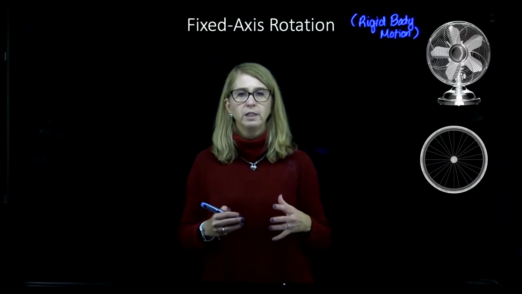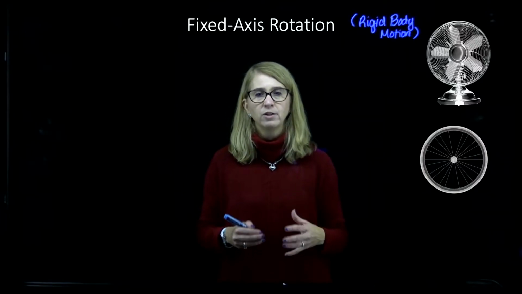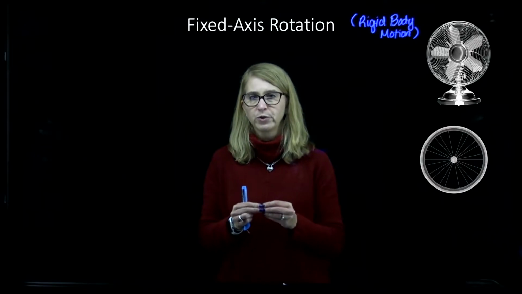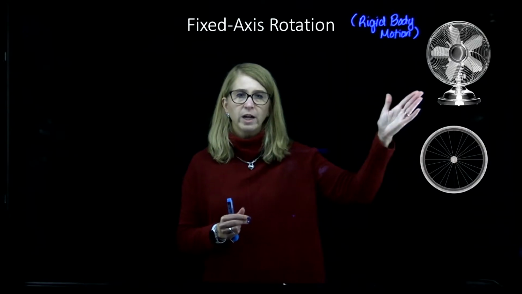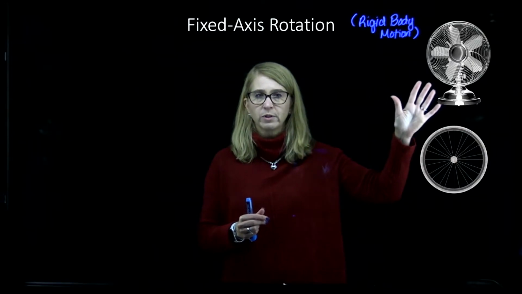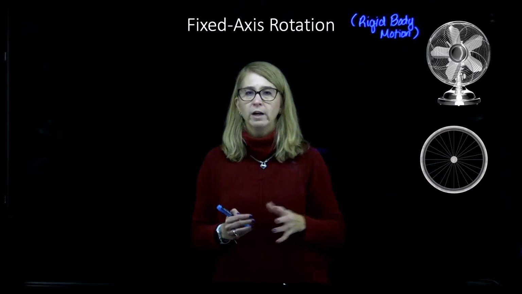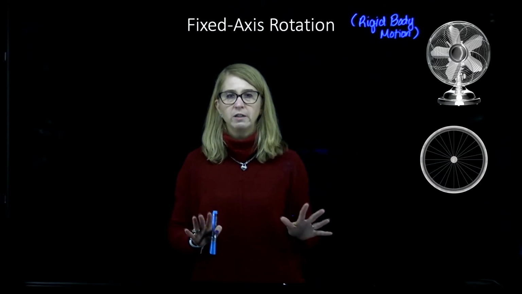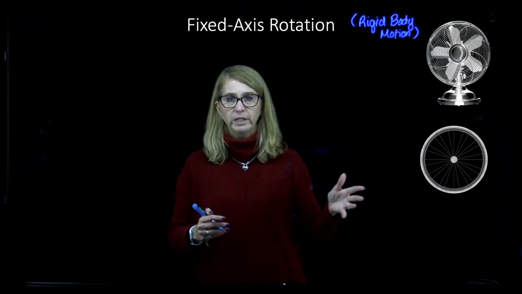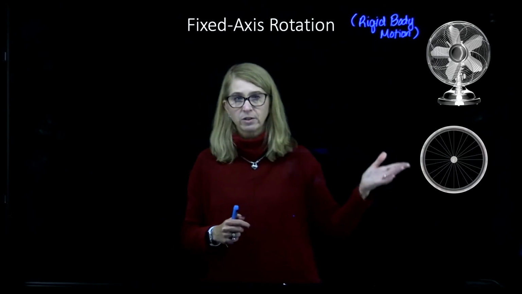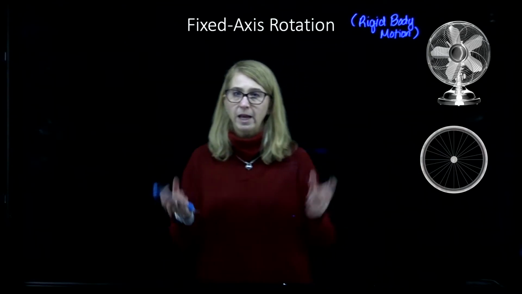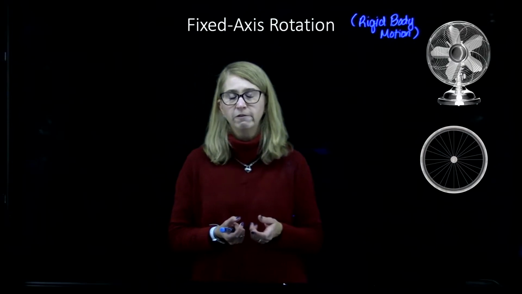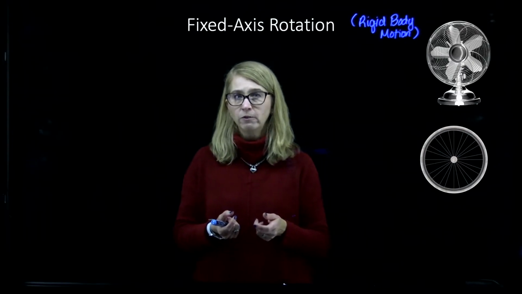Now, as we start to look at rigid bodies, we're really dealing with the fact that we cannot treat them like just a little sphere located at a certain point. We can't treat them like a point particle. These are objects that have definite shapes, like a fan, where there's mass distributed different ways, like the blades of the fan, or a bicycle wheel where a lot of the mass is out towards the edge of the wheel itself.